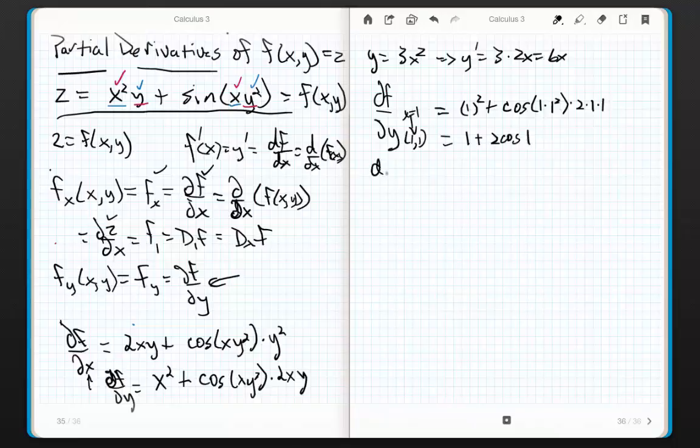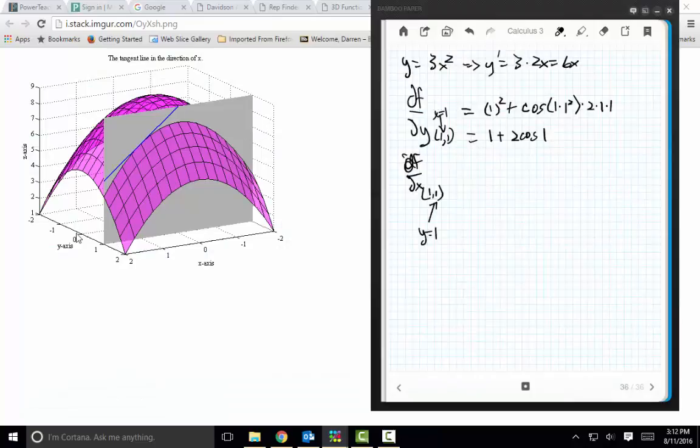Similarly, if I do partial f over partial x at the same point, now what I'm doing is I'm fixing y equals 1 as the plane. So that's very much like this case. Now clearly this curve and the curve that's defined by the function that I was playing with are not going to be the same thing, right? However, it's the same idea.